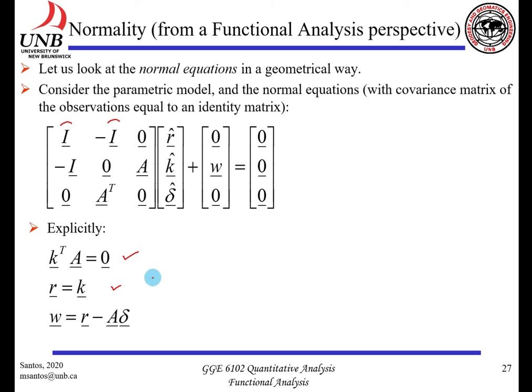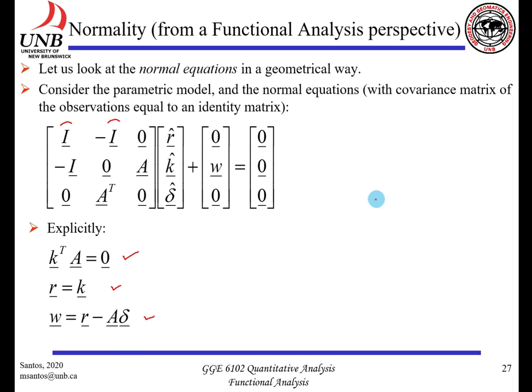The residuals are equal to the Lagrange correlates, and the misclosure is the difference between the residuals, this is observation space, and A delta. Every time we look at the expression A delta, or AX, we know that we are transforming delta, in parameter space, through the design matrix. This results in observation space.